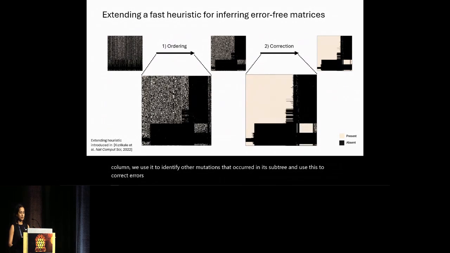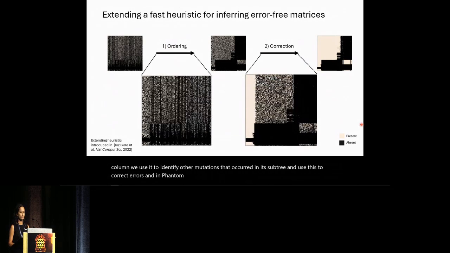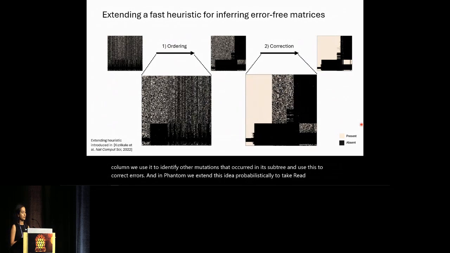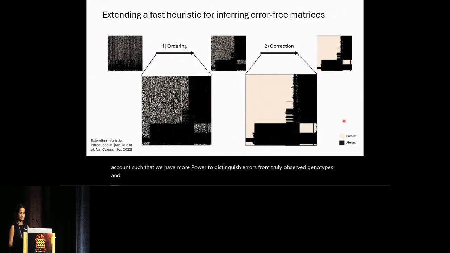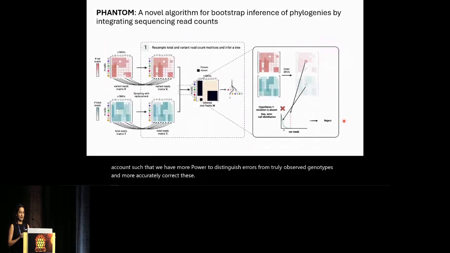In Phantom, we extend this idea probabilistically to take read counts into account, such that we have more power to distinguish errors from truly observed genotypes and more accurately correct these. Just to give you a flavor of the type of reasoning that Phantom would be doing under the hood: for each SNV in each cell, we can carry out hypothesis testing.